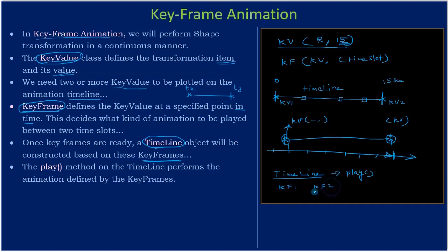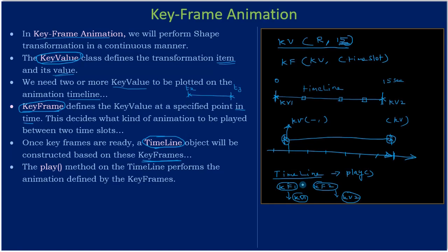Here I just took two keyframes, and each keyframe is linked to a key value. So this defines the transformation KV2. So once you play the animation, it knows the keyframe, when to start, when to end, and what kind of transformation to apply between these two time frames. So based on this, we will define the timeline based animation.